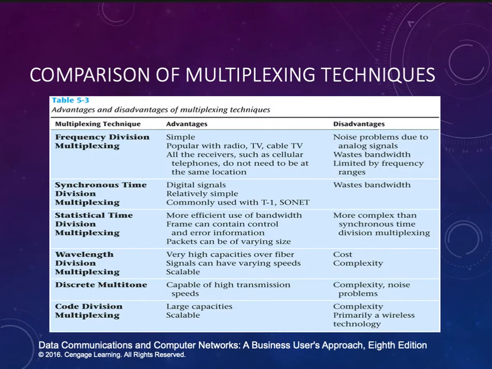Let's take a look at the comparison of the different types: frequency division multiplexing, synchronous time division multiplexing, statistical time division multiplexing, wavelength division multiplexing, discrete multitone, and code division multiplexing. For frequency division multiplexing, some of the advantages are that it is simple and popular with TV. Disadvantages are noise and bandwidth.